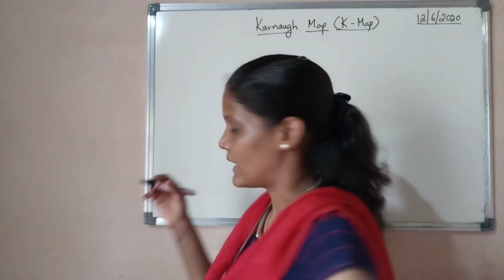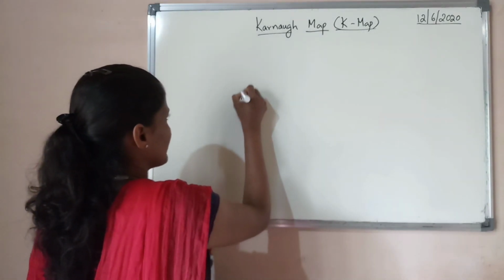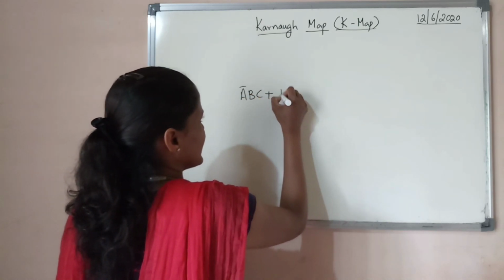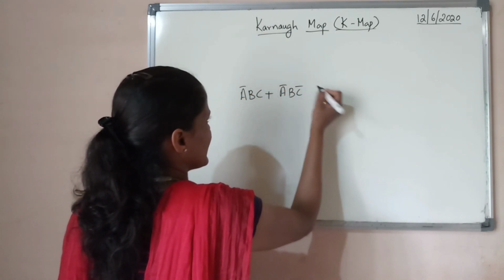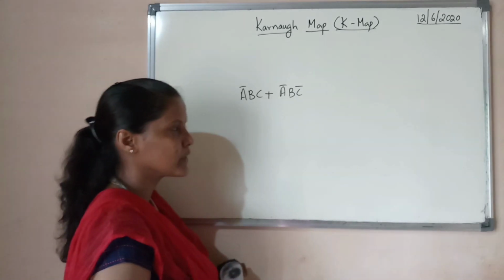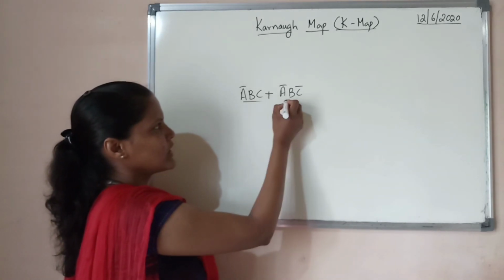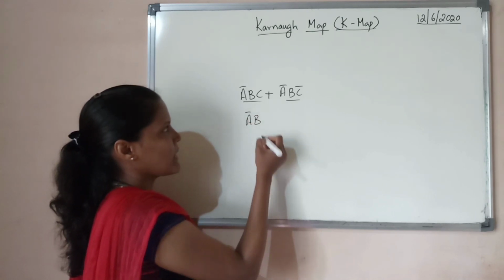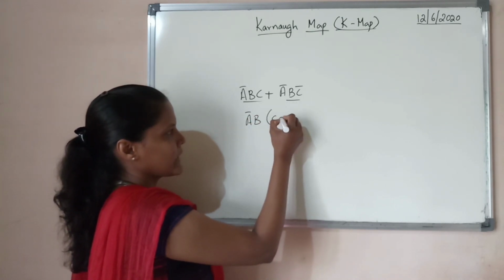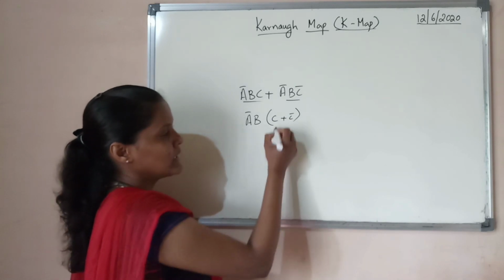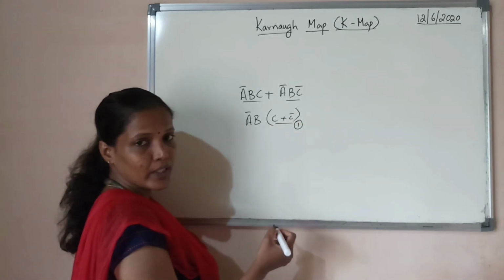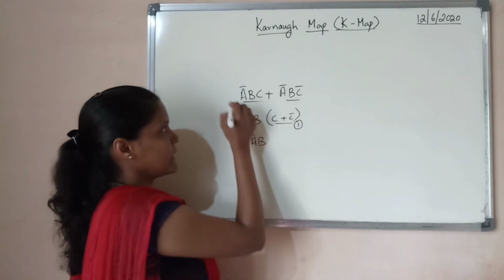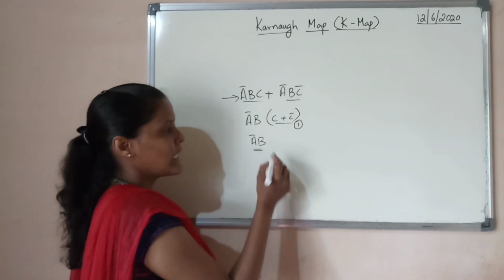Say, for example, I have an expression like this: A bar B C plus A bar B C bar. Between these two terms, I look for a common factor. The common factor is A bar B, and within the brackets I get C plus C bar, which is equal to 1 according to the Boolean rule. So the simplified version of this expression is A bar B.